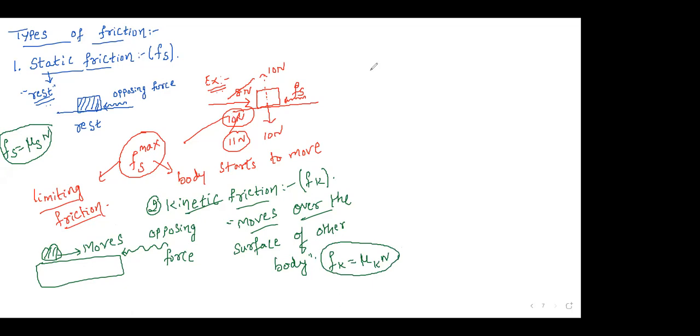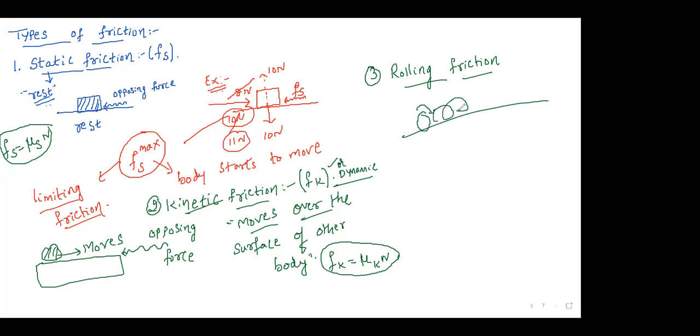Can you tell me the third type of friction? Dynamic friction. Dynamic is nothing but kinetic. Rolling friction. This is called rolling friction. So when rolling friction comes into the picture, students, if I say the body is rolling, then there will be an opposing force.